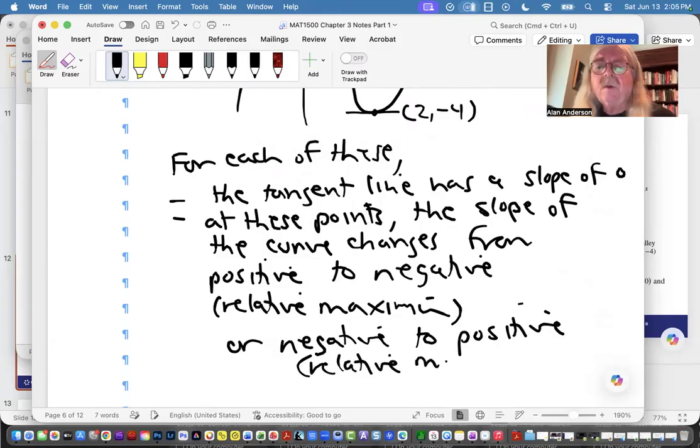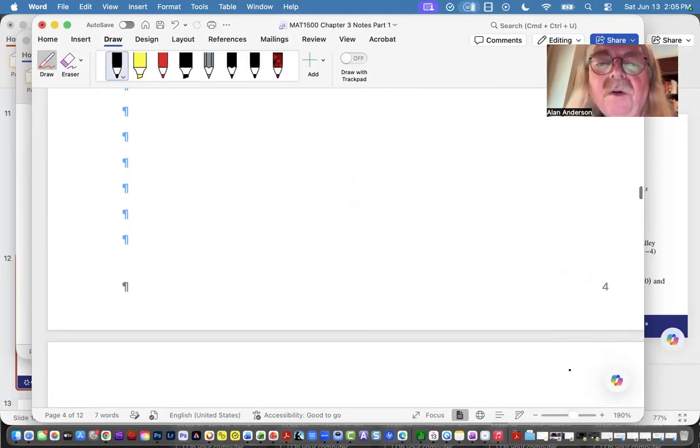So in other words, there's multiple ways of determining if a point is a relative maximum or a relative minimum.